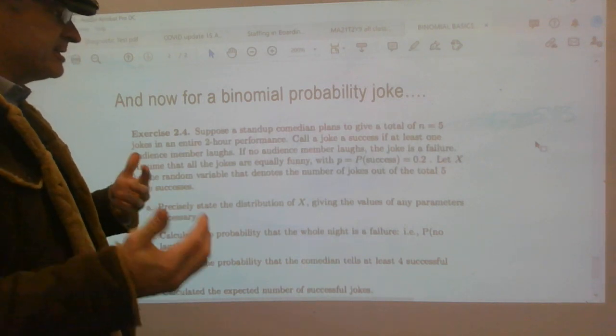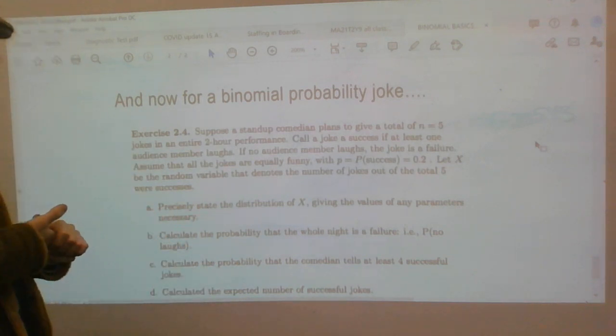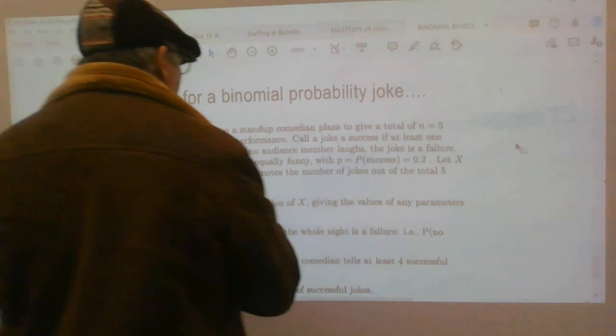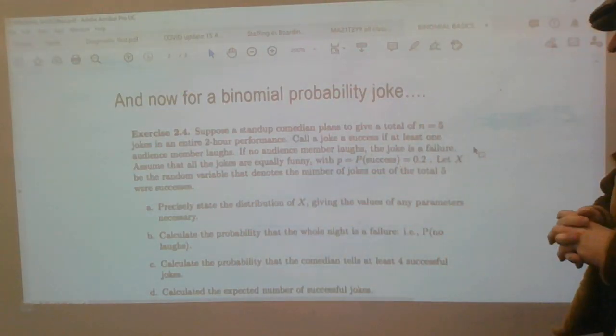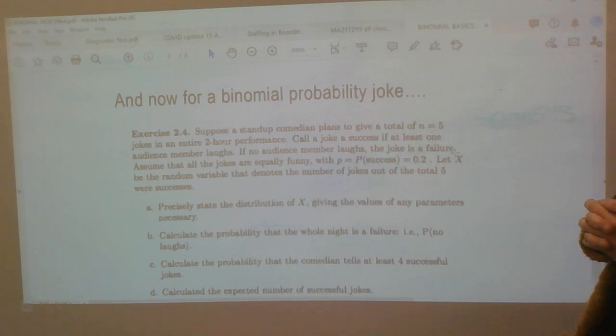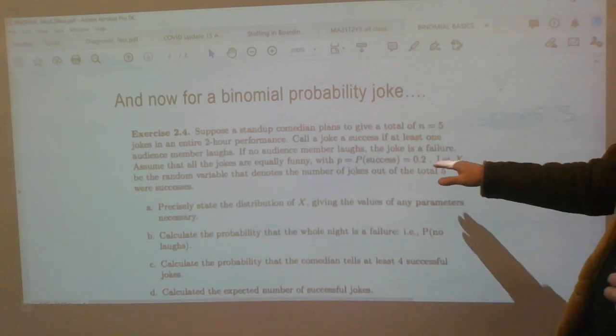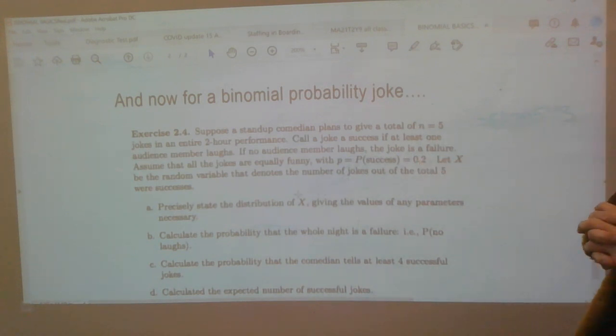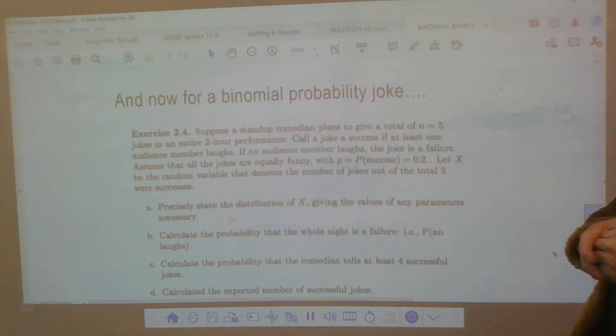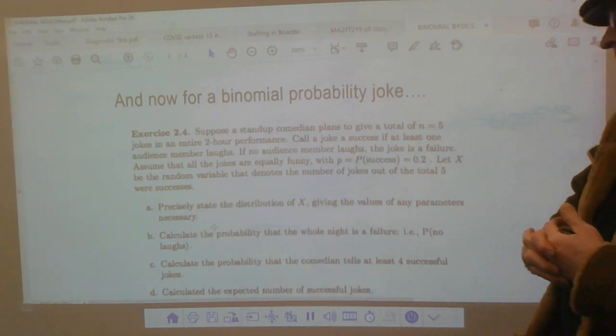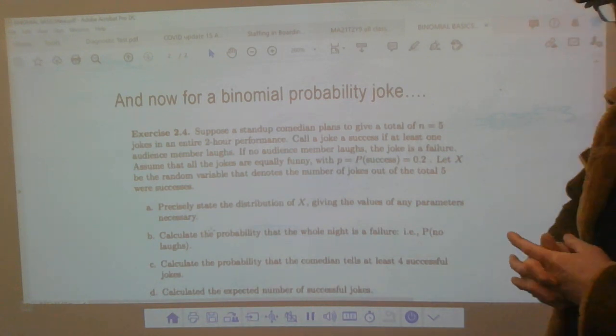Call a joke a success if at least one audience member laughs. If no audience member laughs, the joke is a failure. Assume that all the jokes are equally funny, with p, the probability of success, equal to 0.2. Let X be the random variable that denotes the number of jokes out of the total 5 that were successes.